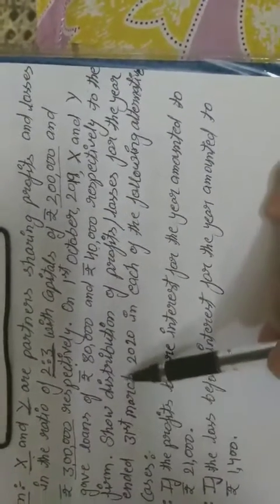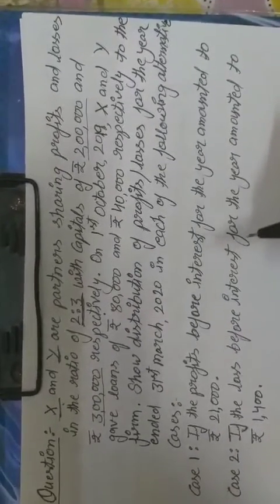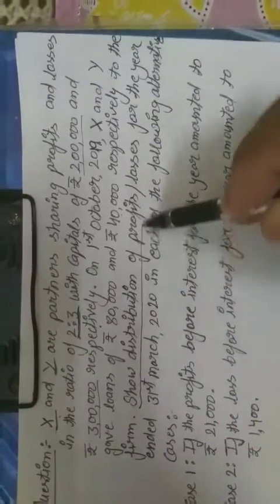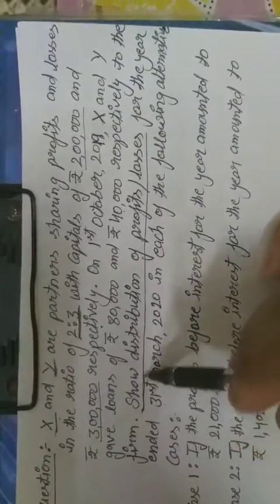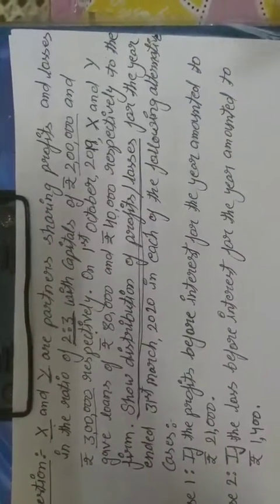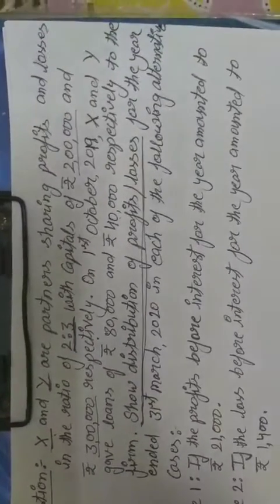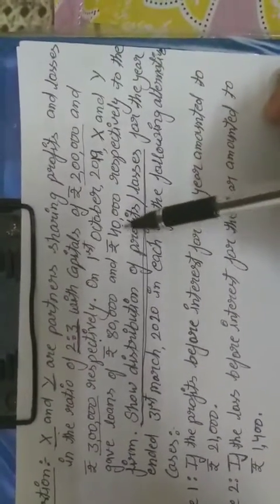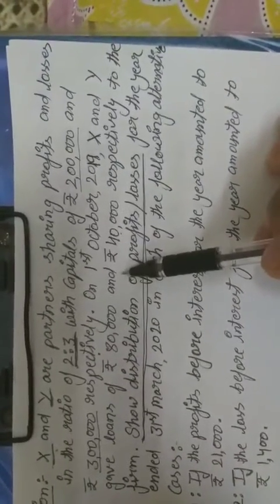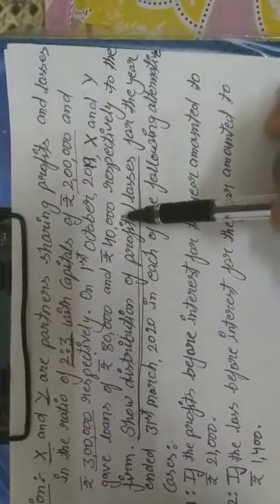Show distributions of profit or loss for the year ended 31st March 2020 in each of the following alternative cases. Here they did not ask for any format and did not ask for any account. They have asked only to show the distribution of profit or loss. This distribution we can show in a particular format or without a format also. But if we talk about the interest on loan, the loan they have given is 80,000 and 40,000 rupees.